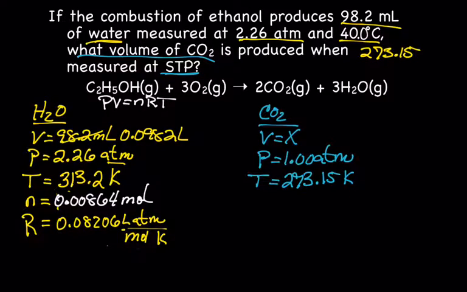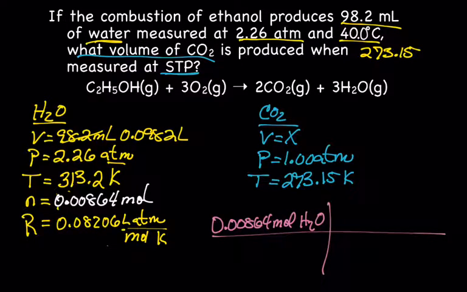However, let's get rid of this for now. Look what we have. We have a balanced equation. We can take the number of moles of water, 0.00864 mole H2O, and we can use our balanced equation as a conversion factor to figure out the number of moles of CO2.